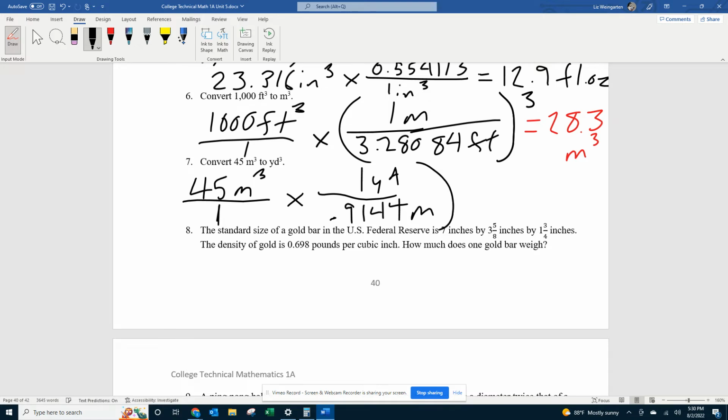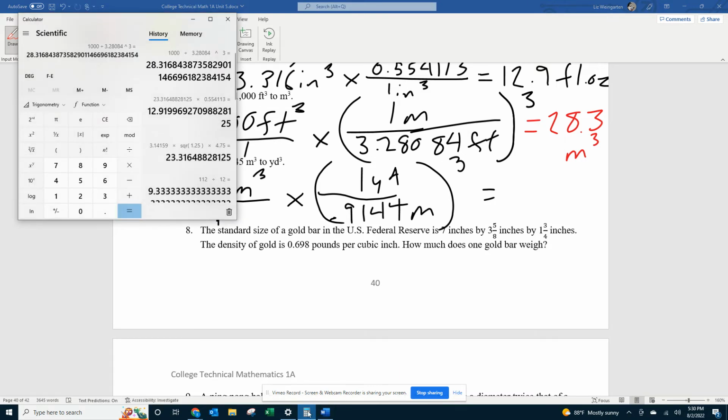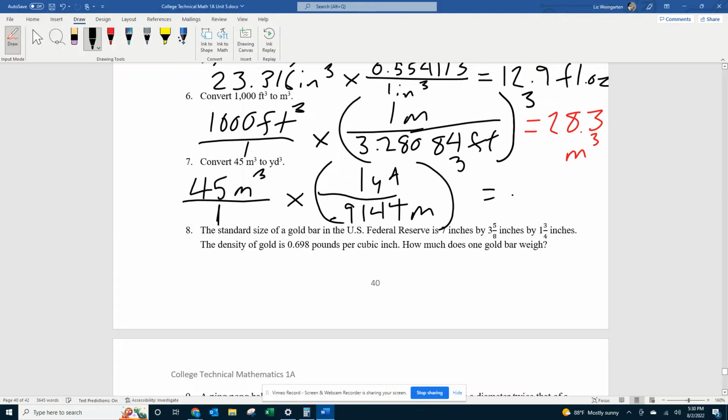We have to cube this whole thing. And we're going to approximate. So let's pull up our calculator again. 45 divided by 0.9144 cubed. And we get about 58.9 yards.